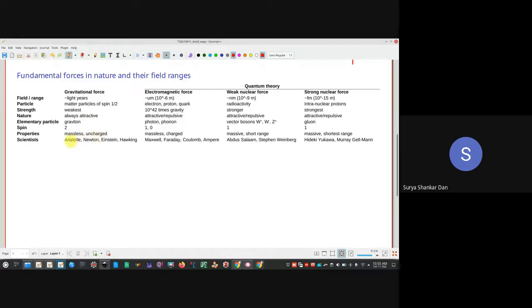Now, I put Aristotle over here because he had absolutely no idea about gravitons. However, the concept of gravity and levity was there in Aristotle's writings. The theory of gravity was essentially developed by Newton, then later improved upon by Albert Einstein, and the current theory which we know for the black holes.